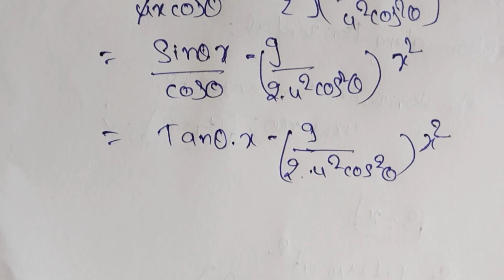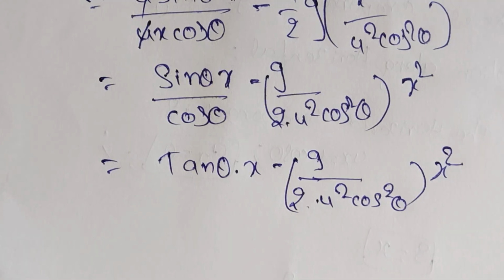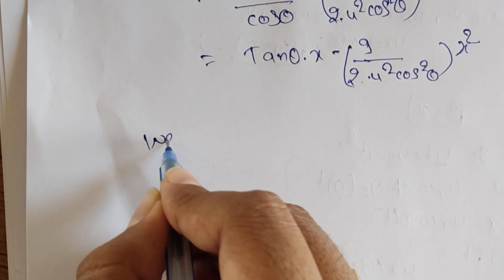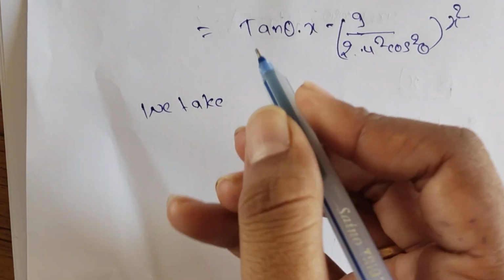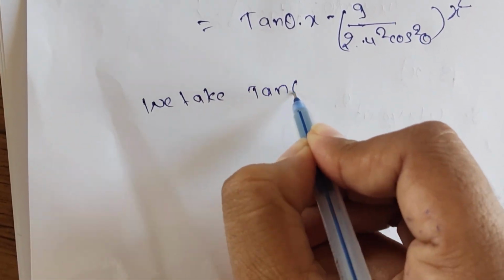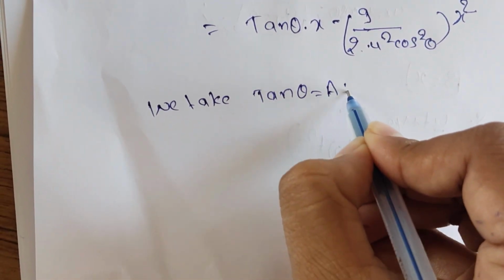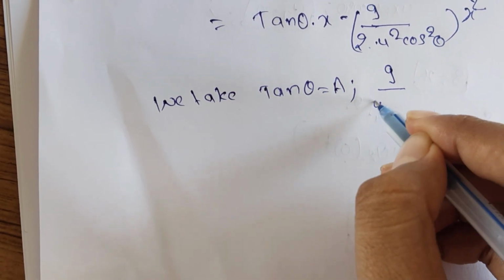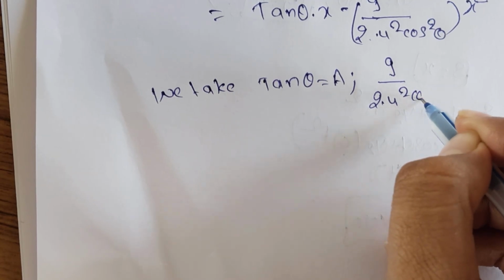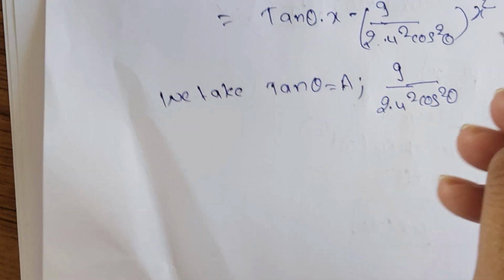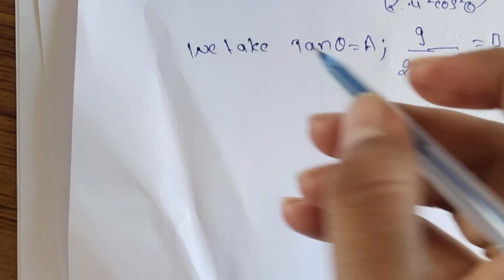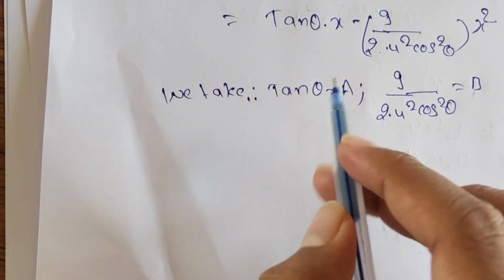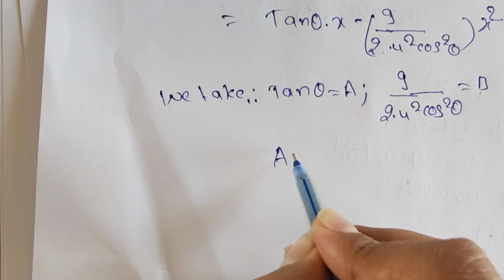So this is the equation we get, and here we take tan theta equal to a, and g by 2 u square cos square theta equal to b. Therefore, in the place of tan theta we replace a.